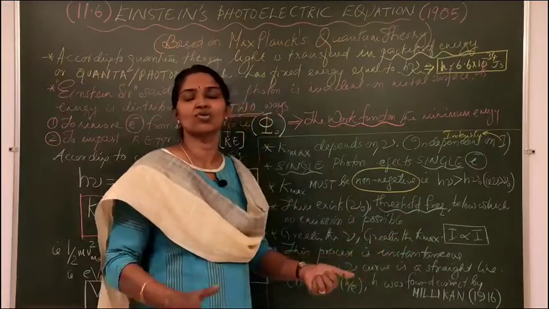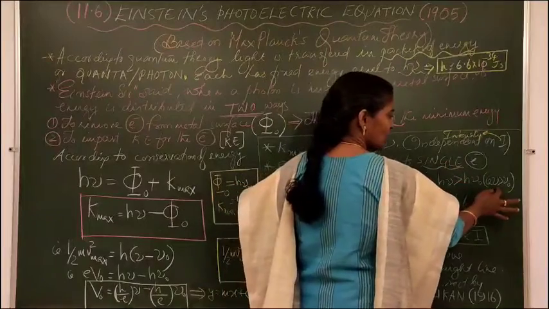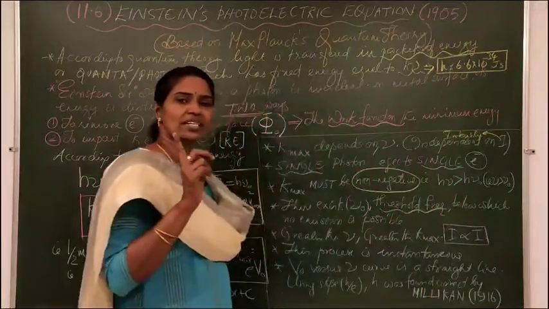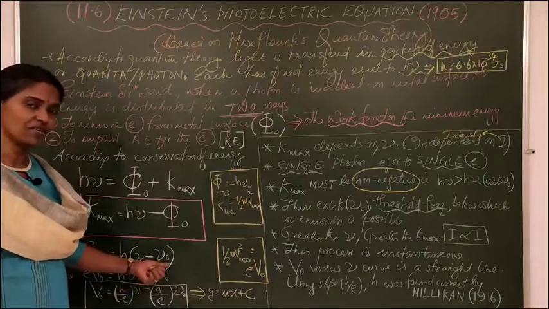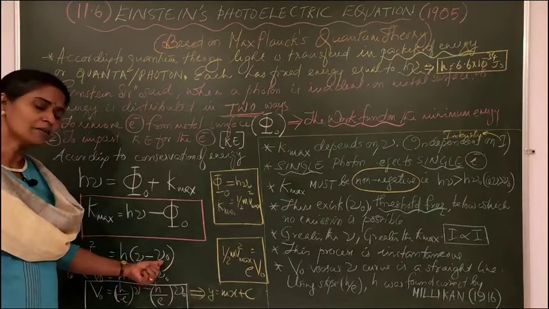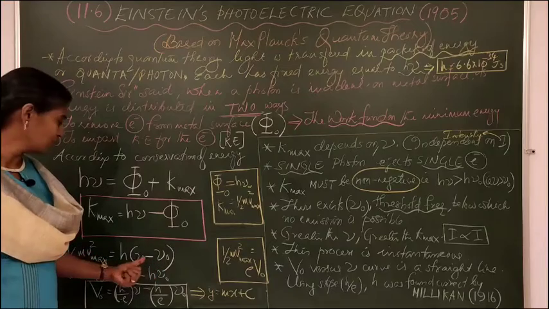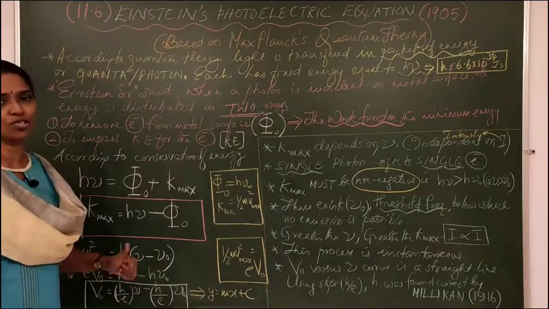If it happens, no emission. So it is clearly explained, nu should always be greater than nu 0. You can never have values like 3 and 5. Nu should always be greater than nu 0.